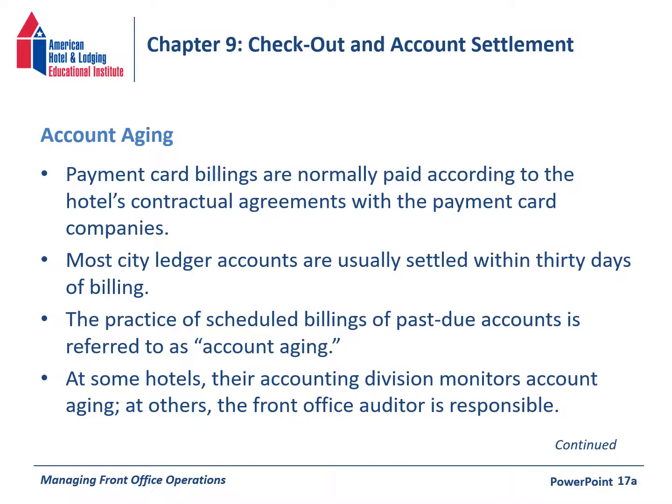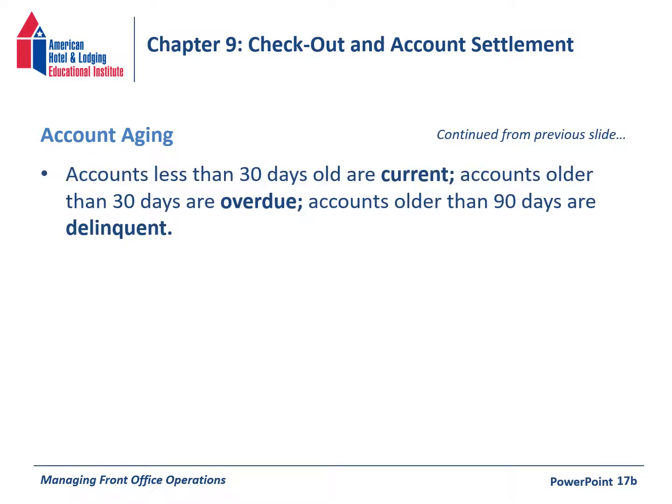Aging our accounts. Okay, so aging our accounts as they're on the city ledger. Obviously when we send it, we have our net 30 or net 15 when we're going to expect payment for those. But we're going to age those accounts as they get older and older. So the sooner we start that process, the easier it is for us to collect and stay on top of it.